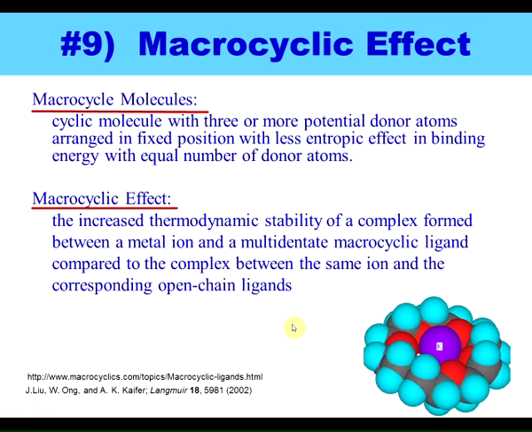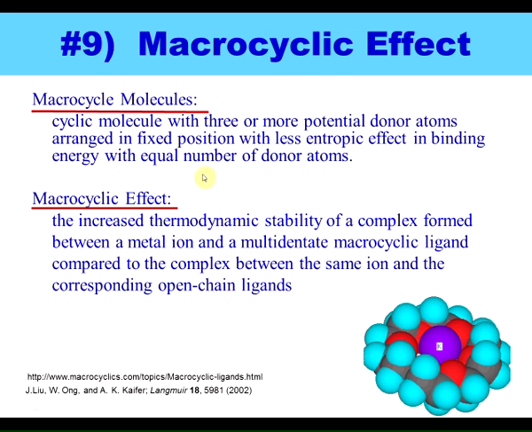Now the last thing we're going to look at is the macrocyclic effect. A macrocyclic molecule is simply a cyclic molecule that has 3 or more potential donor atoms, arranged in fixed positions with less entropic effects in binding energy with an equal number of donor atoms.